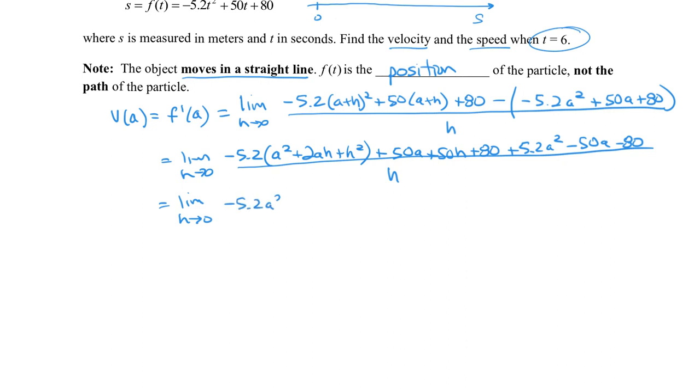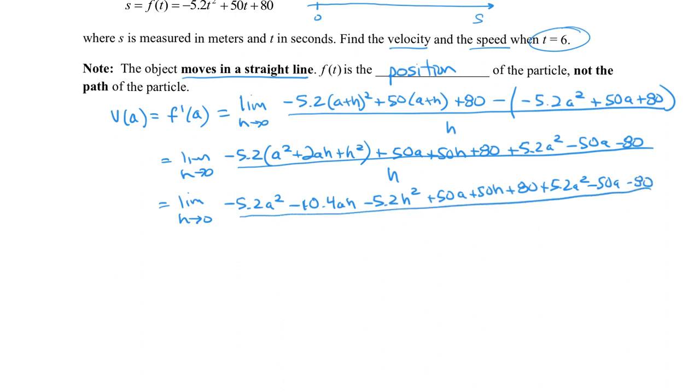Negative 5.2 a squared minus 10.4ah minus 5.2 h squared. Then all the rest of this will just come along just as it is. Okay, it's kind of a long one. And then over h, and now look for things to cancel.